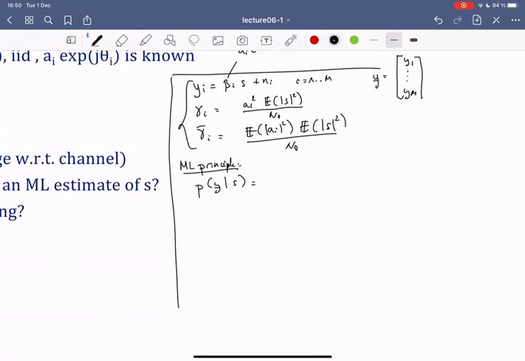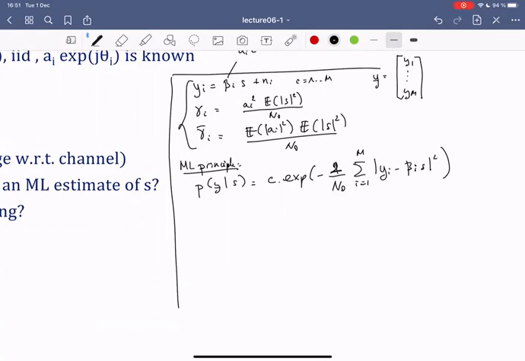And this will be some constant, which I don't care about, times exponential minus 1 over N naught. Now I'm not sure if it's N naught over 2 or N naught. I think N naught over 2. And then sum i from 1 to m of yi minus beta i s squared. Here I've used the fact that we have independent transmissions.